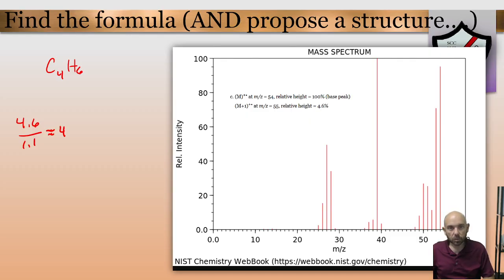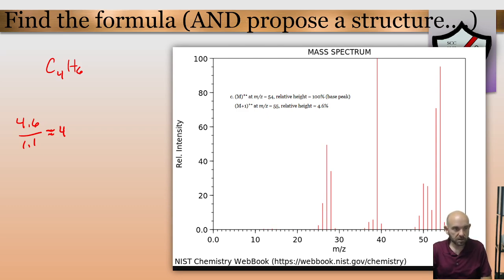And with such a simple formula, by this point in the organic chemistry course, I would hope that you could draw good Lewis structures that satisfy octet rules and satisfy this chemical formula. If you want to pause there and wait a moment, I will show you all of the possible structures for that formula on the next slide.